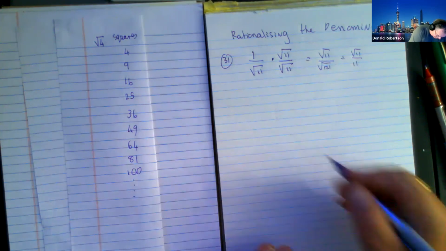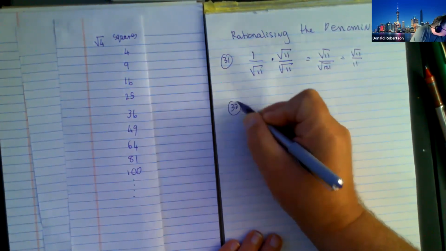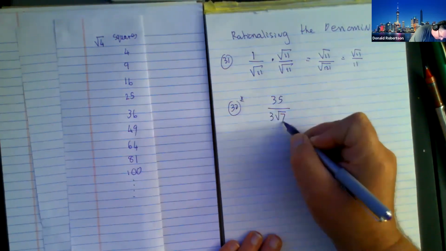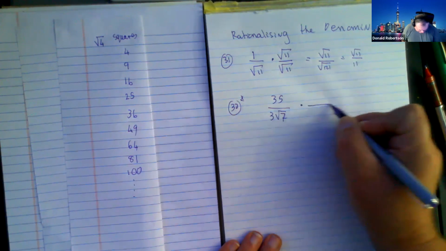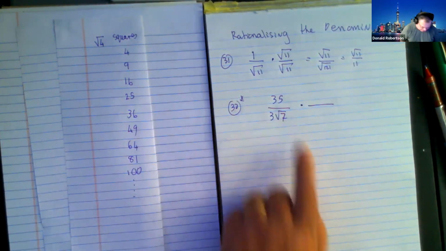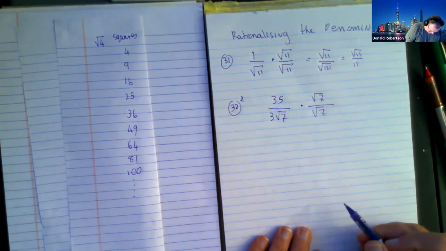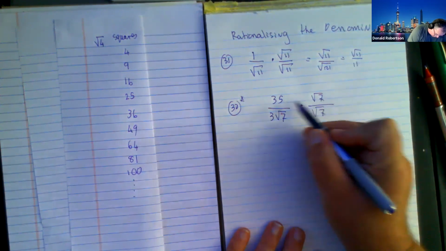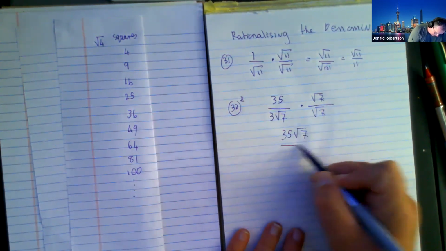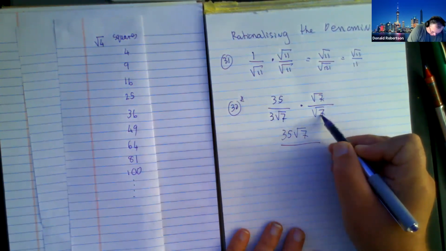And if we move on to, say, 32, we have a little bit more going on here. The only term that's important to get rid of is this square root. That 3 doesn't matter. Square root of 7 then, times top and bottom. Well, these two will get you 3 root 7. And this gets you what? Square root of 49, which is essentially 7.